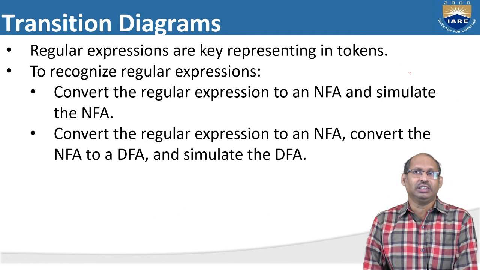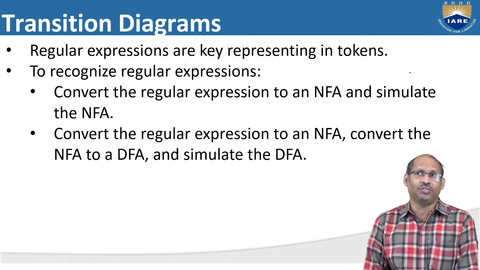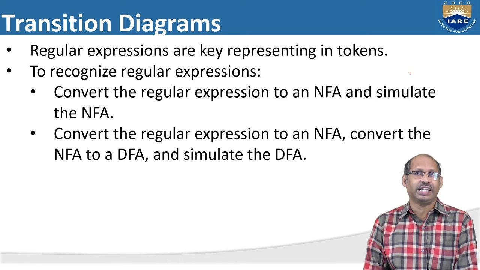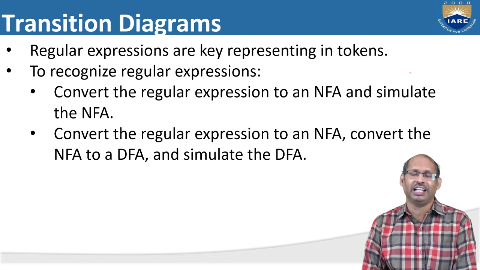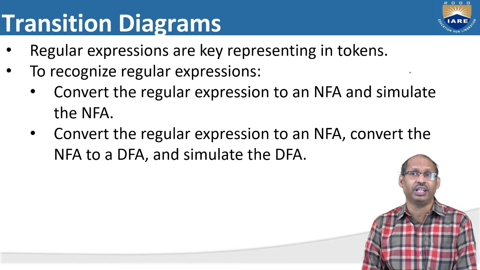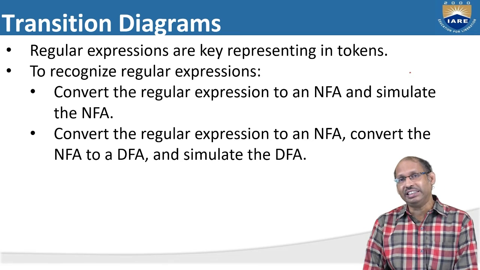Regular expressions are the key representations of tokens. To recognize the regular expressions, convert the regular expression to an NFA and simulate the NFA. Or convert the regular expression to an NFA, convert the NFA to a DFA, and simulate the DFA. So what is a transition diagram?